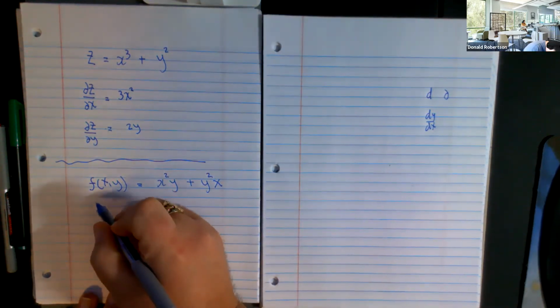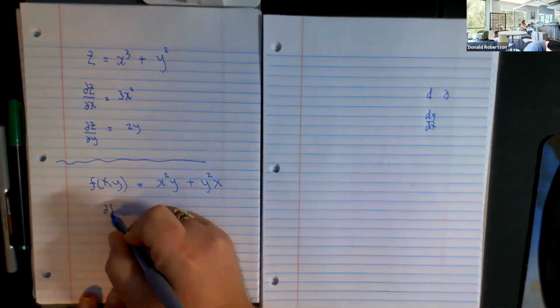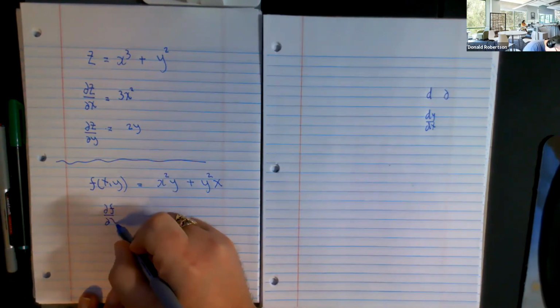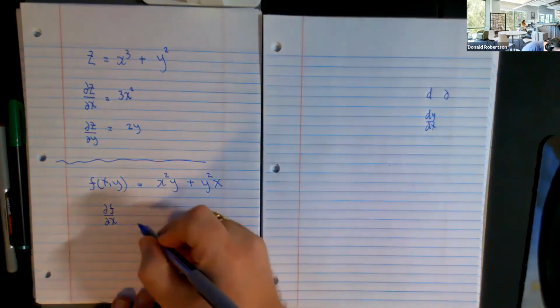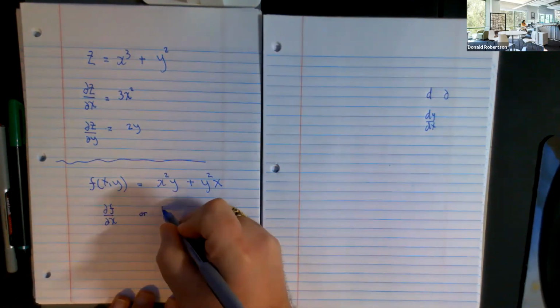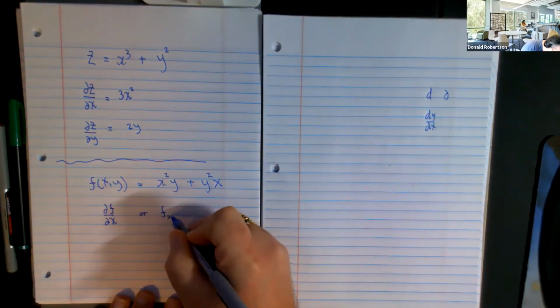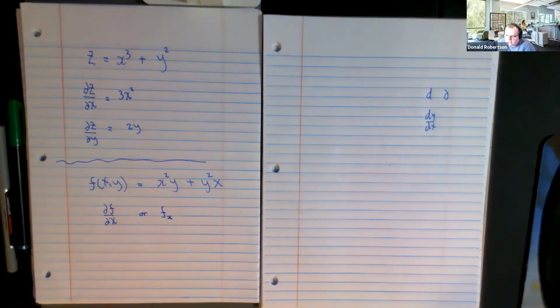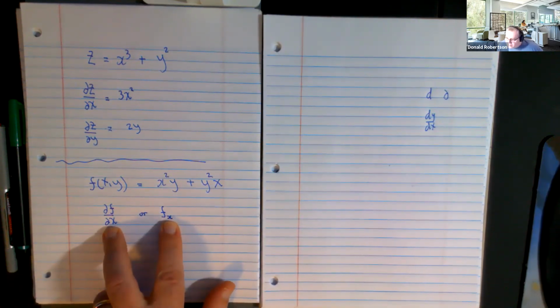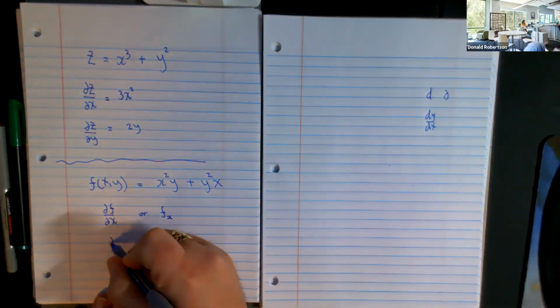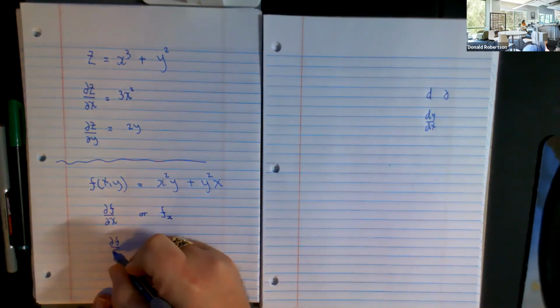And notation, you could be asked to find the partial derivative of f with respect to x, or you might see f with a little x. So hopefully you're familiar with both those notations for partial derivative. They mean exactly the same thing. So let's find out what it would be in this case.